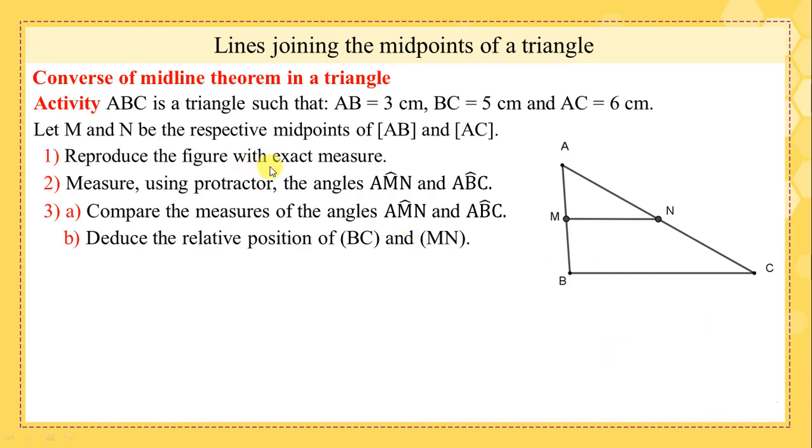Reproduce the figure with exact measure. 2. Measure using a protractor the angles AMN and ABC. 3A. Compare the measures of the angles AMN and ABC. B. Deduce the relative position of BC and MN. Please pause the video and try to solve this activity.